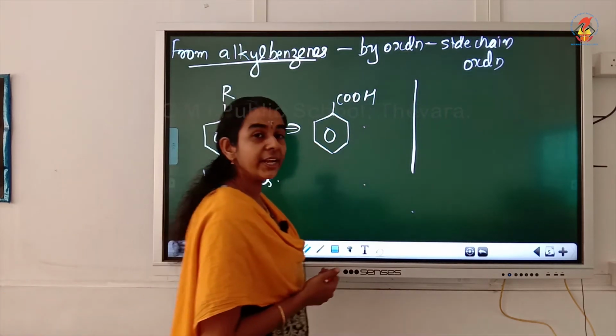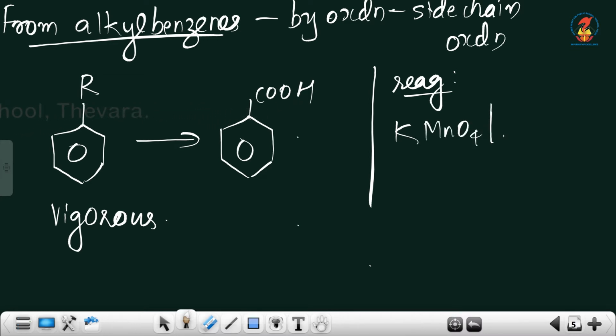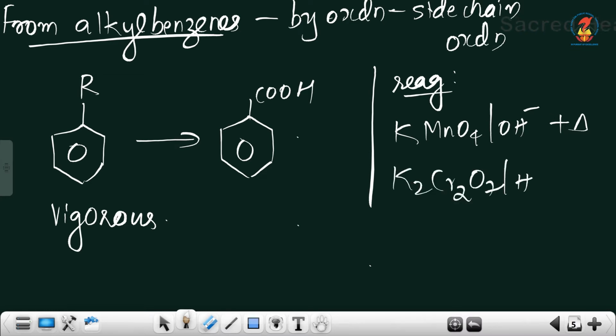So the reagent is, we know the strong oxidizing agents are KMnO4 bar OH minus, along with this we have to write heat also, or K2Cr2O7 bar H plus and heat, or we can use chromic acid also.